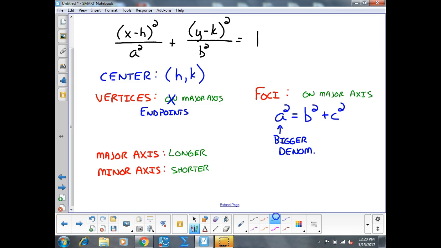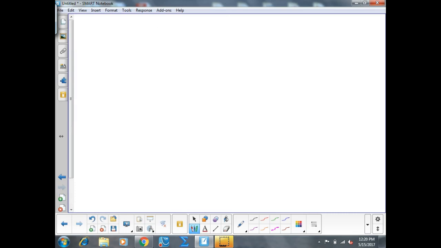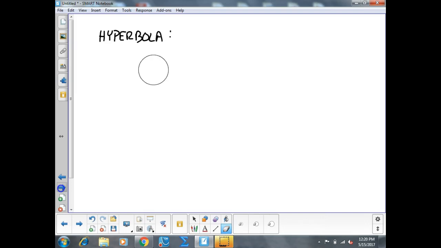Minor axis is the shorter one. Anything else? Okay. Then we went to hyperbola. Oops, there were two of them. Oops.